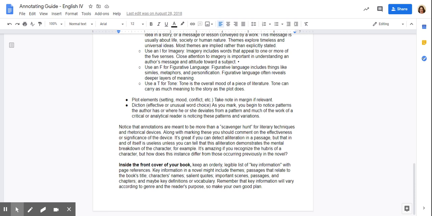Look at it as you're making notes along the way to help you later. And if you kind of see it in that sense, it's going to make it much easier for you to do. Please make sure that you ask me any questions, whether it's sending me an email or asking me in class about things that have to do with annotations. It is a very important part of this whole process, and it's going to help you later to be able to write the paper that you have to write for your novel.